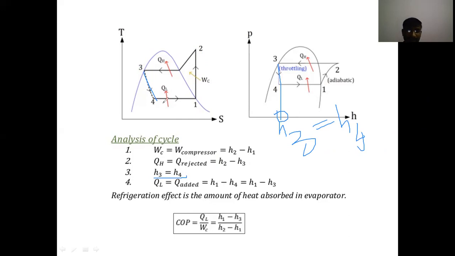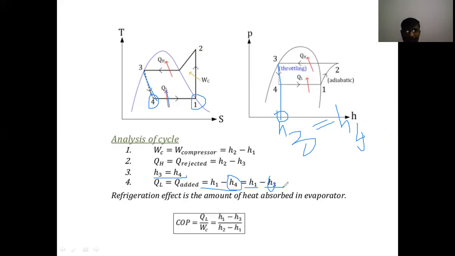And QL, the heat absorbed by the cycle from the required space, that is the heat added, is equal to the enthalpy after the heat adding minus the enthalpy before the heat adding, H1 minus H4, or H1 minus H3, because H4 is equal to H3.